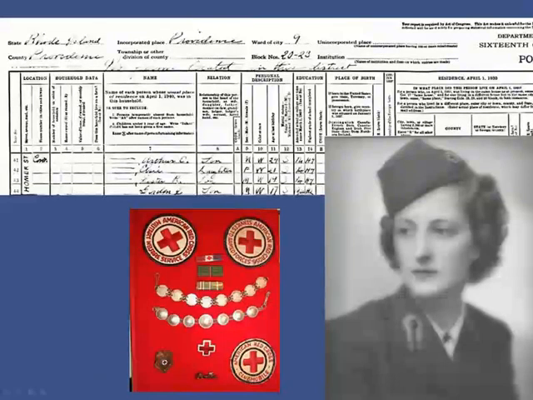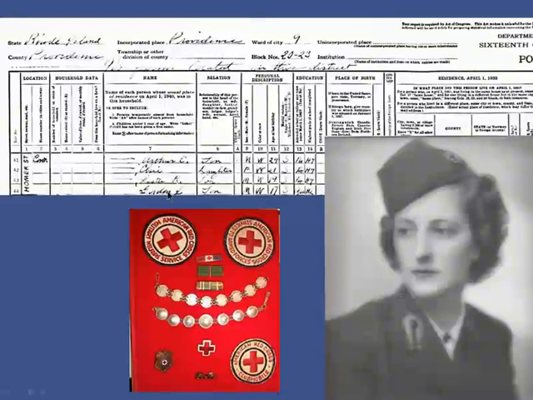Elsie served in the American Red Cross in England and France during World War II. Then during the Korean conflict, she was in Japan. And above her is Arthur E., her brother. All of the children were home at this point. I knew Gordon. I didn't know Lester.